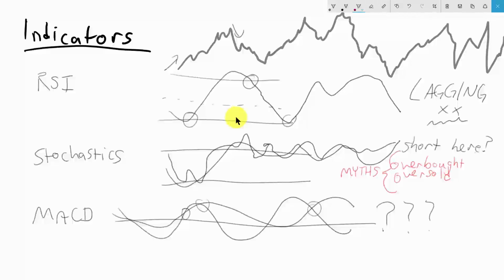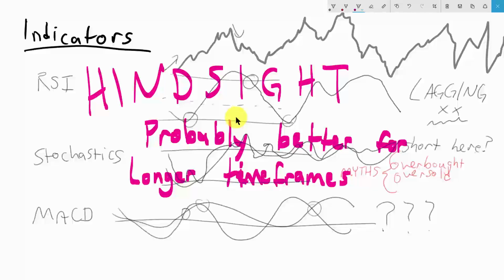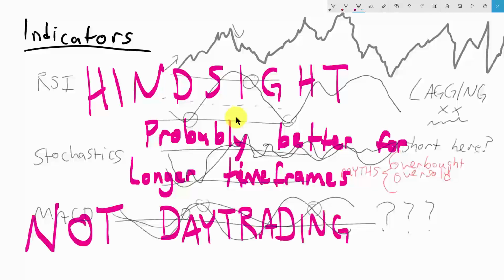And the main reason that this is horrible for day trading, again, is hindsight. And also, I'd say that in addition to that, these are probably better for longer time frames, but not day trading.